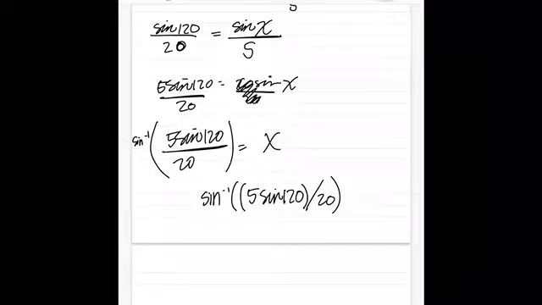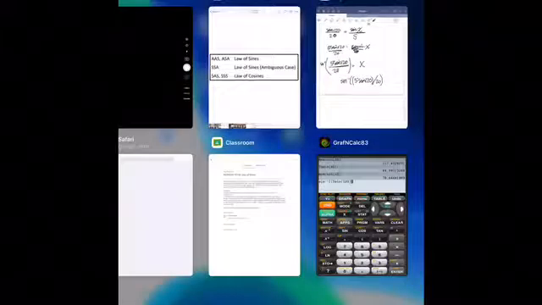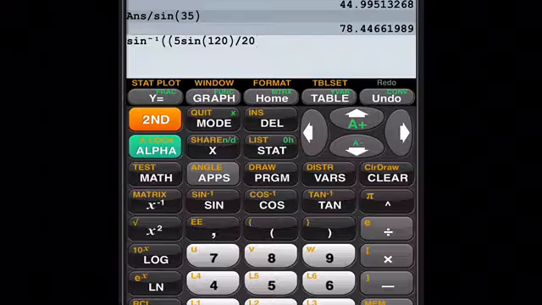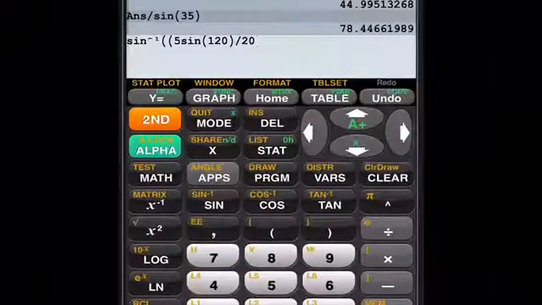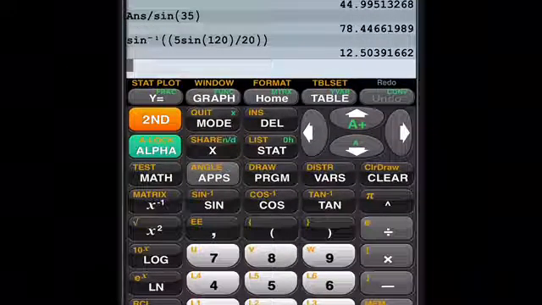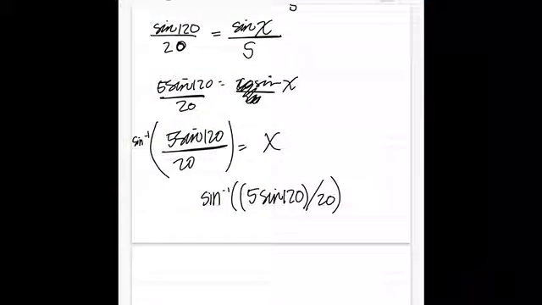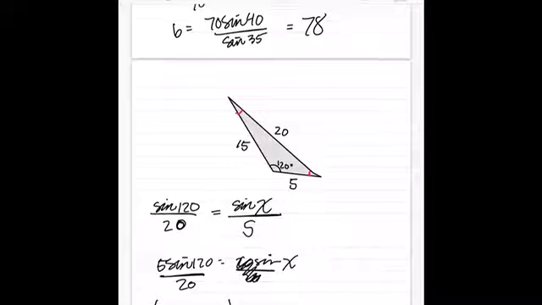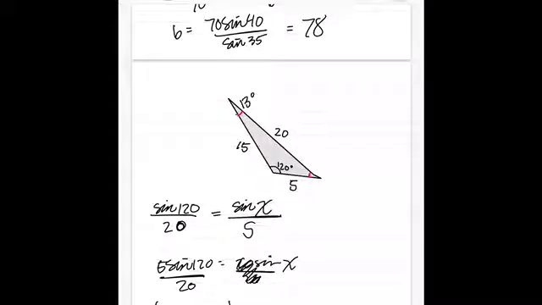Follow exactly what it says. So close parentheses, divide by 20, close parentheses, enter. Nearest whole number is 13. So this is 13 degrees.